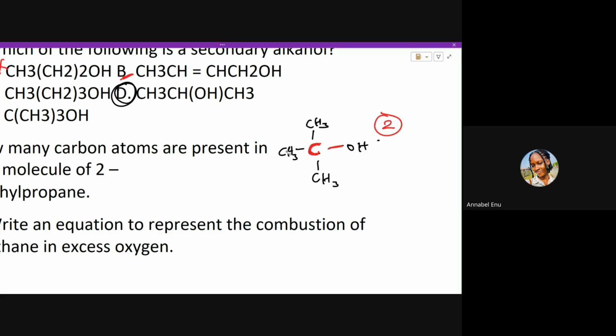Probably the confusion is because I wrote the H before the C, which is actually not supposed to be so. Okay, does it make sense now? Kristen? I'm still not sure.